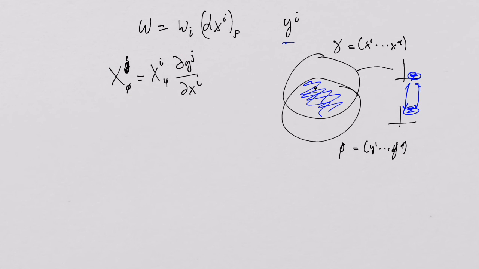If you do a similar analysis, what you discover is that w_i in the phi chart is going to equal w_j in the psi chart, and it's going to be the opposite. It's going to go dx^i dy.